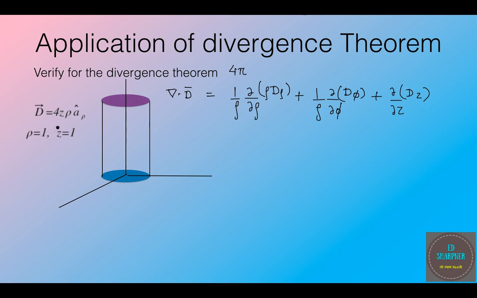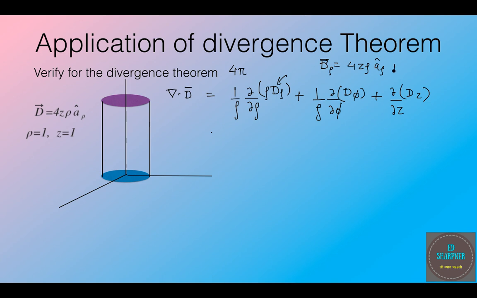Now the term that is given to us, we have that D vector is equal to 4z rho a rho cap. Now capital D rho is the coefficient of a rho cap. So this is nothing but D rho.